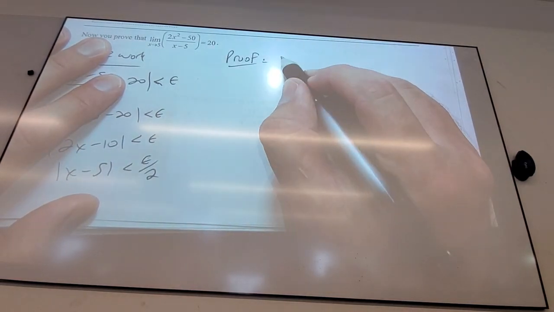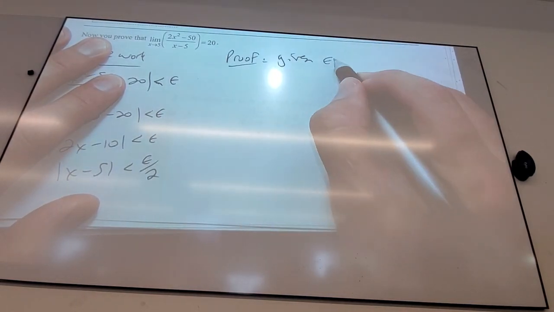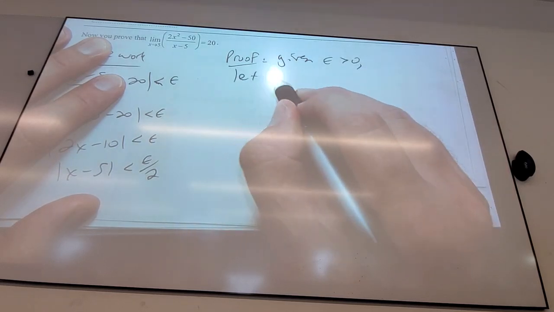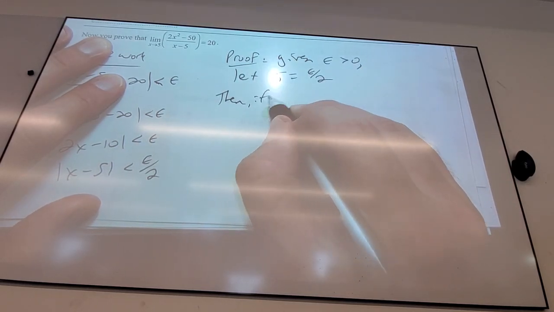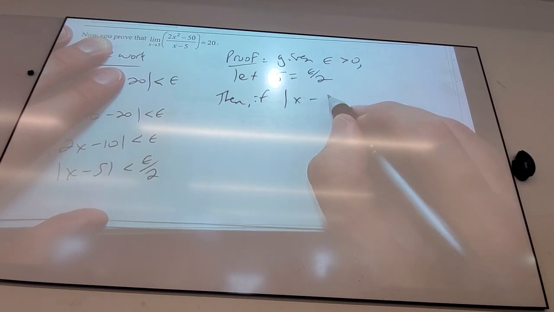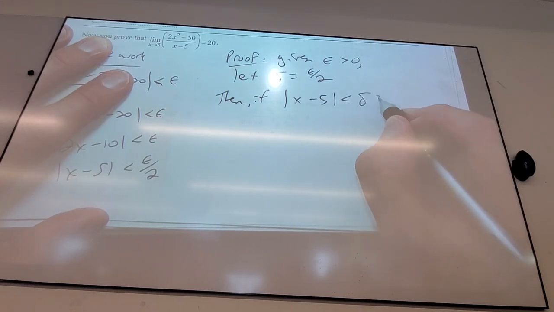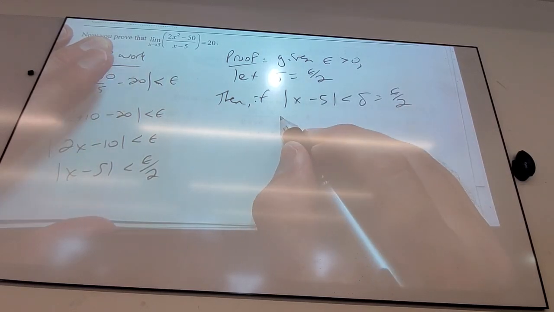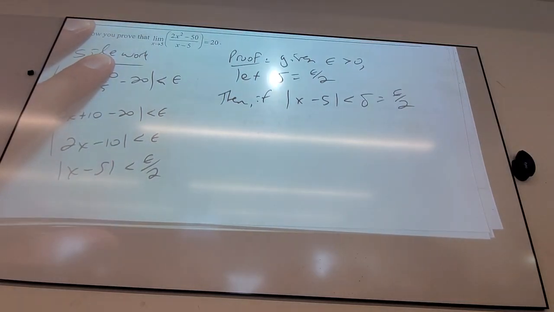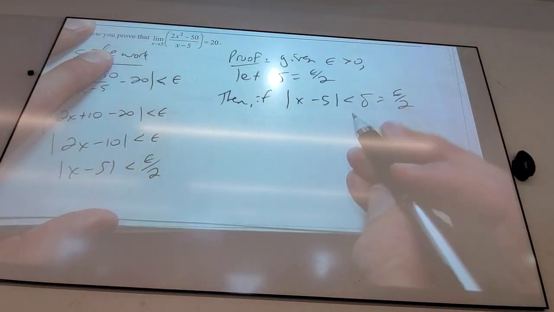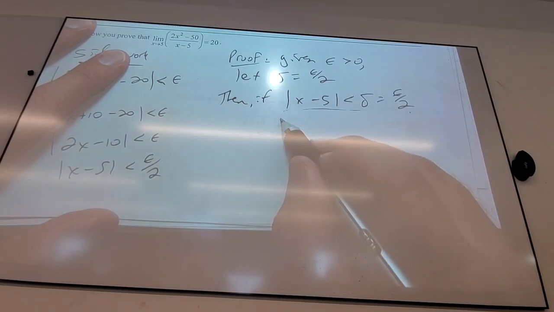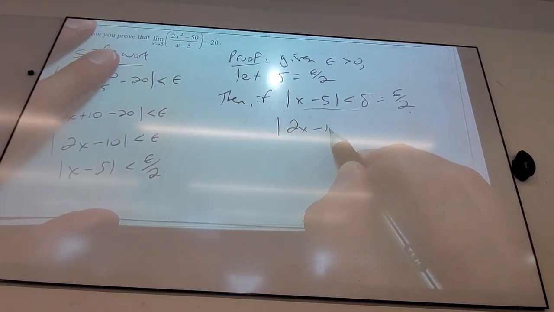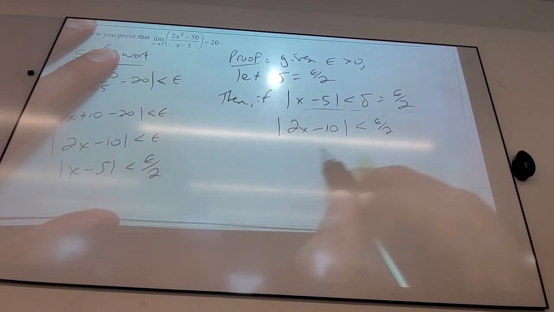Given epsilon greater than 0, let delta equal epsilon over 2. Then, if |x - 5| < delta, which is epsilon over 2, then I just start, this is where it feels like you're cheating. You just start doing this backwards. If I am this close on my x-axis, then I start to develop what's happening on the y-axis.